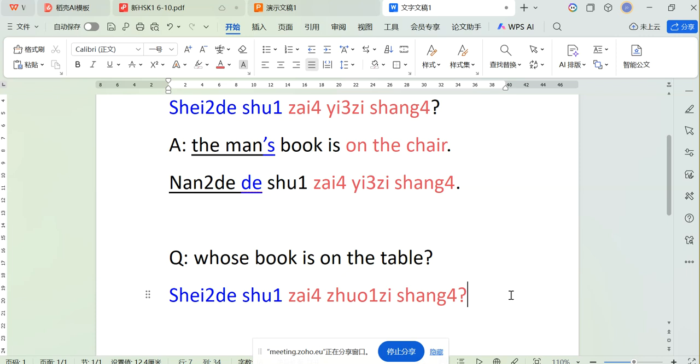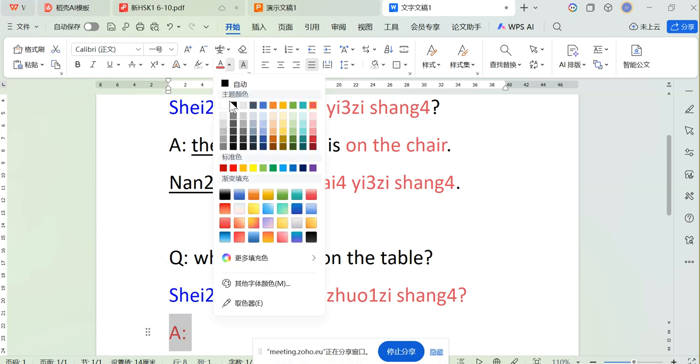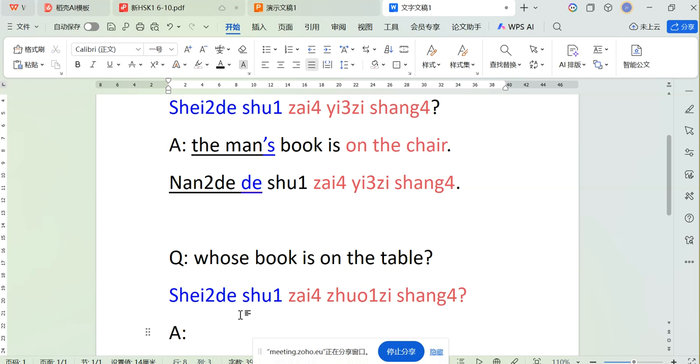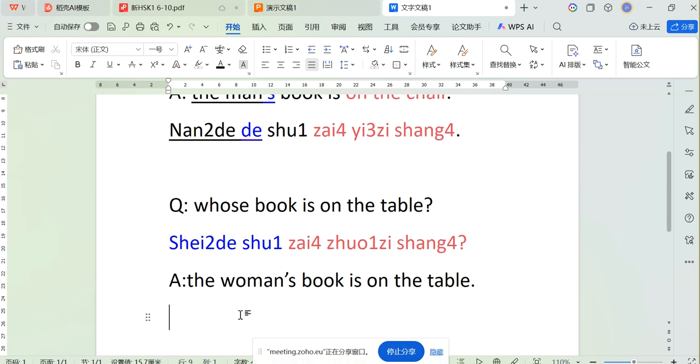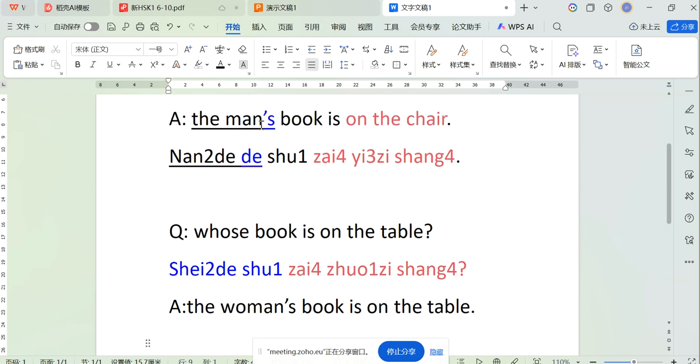If I also change the answer, I say it's the woman's book, the woman's book is on the table. The man's book is 男的的书.